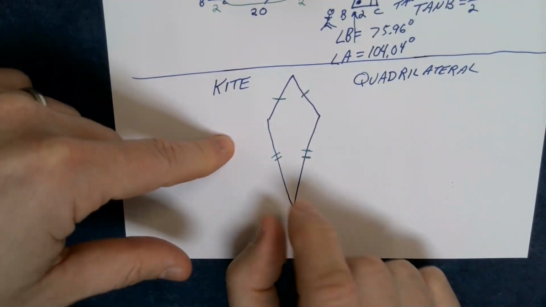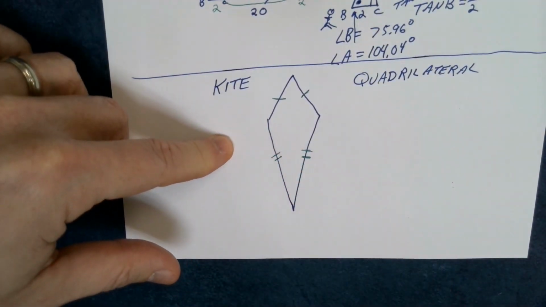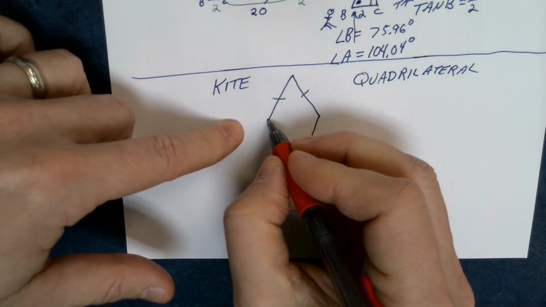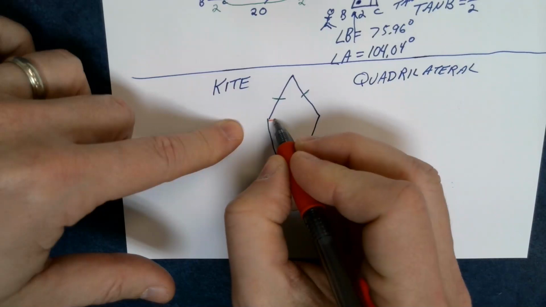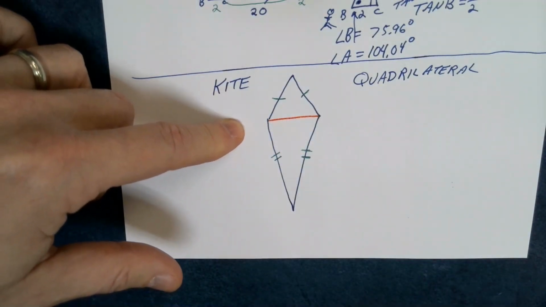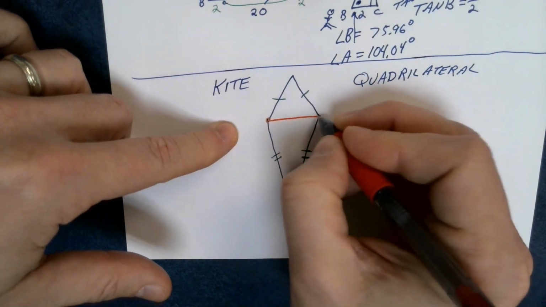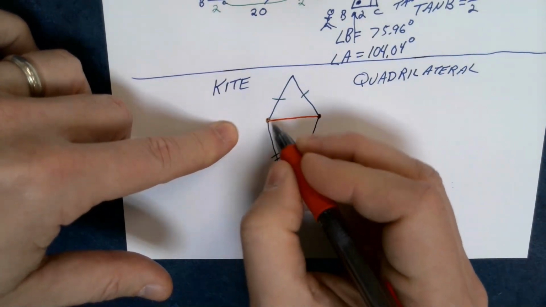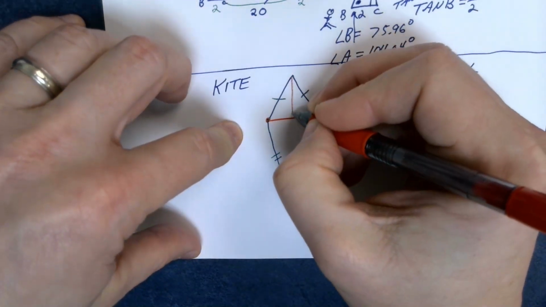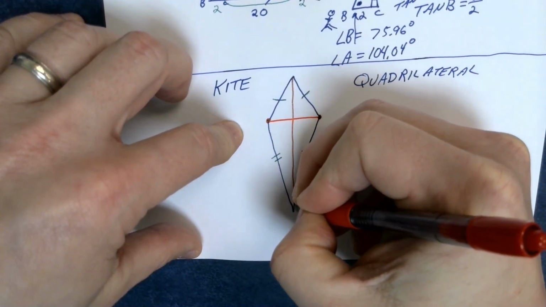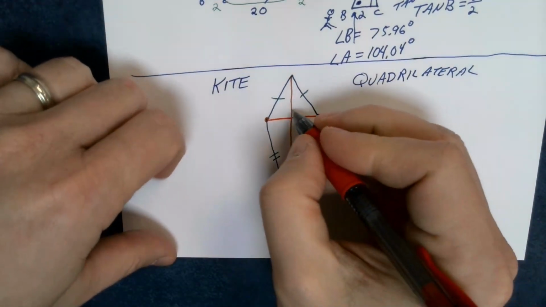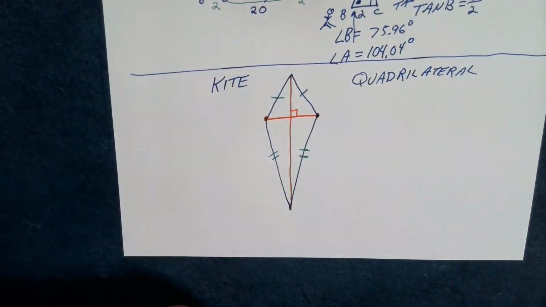And when you have a situation like this, then this happens to be true. It happens to be that this red line, the diagonal from the vertices between the differing sides, and the diagonal here between the vertices on the congruent sides, this will always be perpendicular.